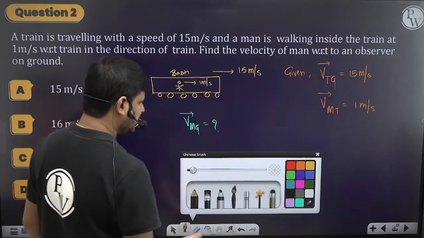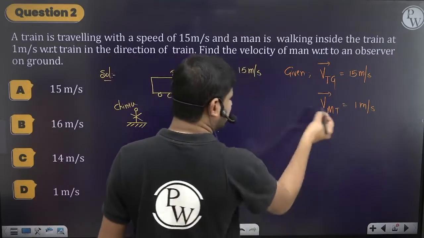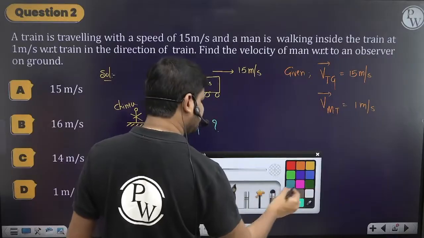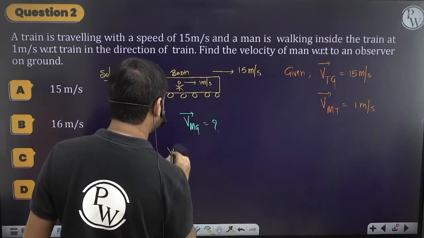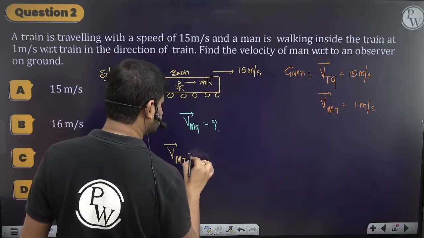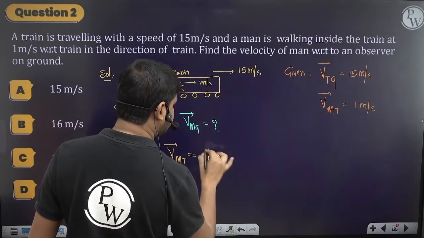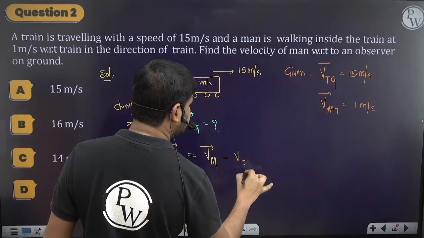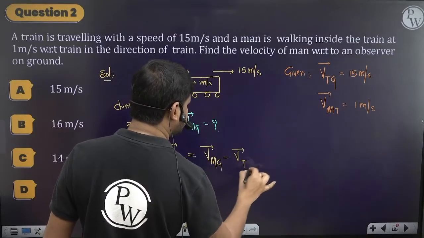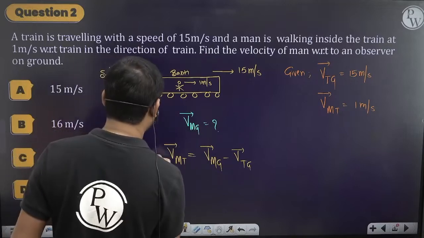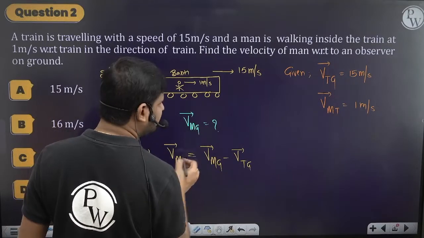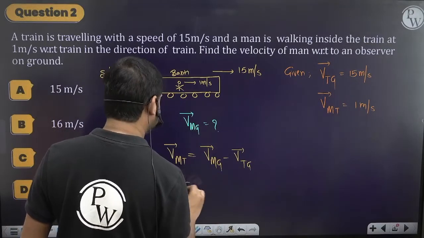So now I am writing here. The velocity of the man with respect to train is equal to, what's the formula for this? Velocity of the man minus velocity of the train, with respect to ground. Okay, so now we know the values, substitute them. Velocity of the man with respect to train is 1 meter per second.